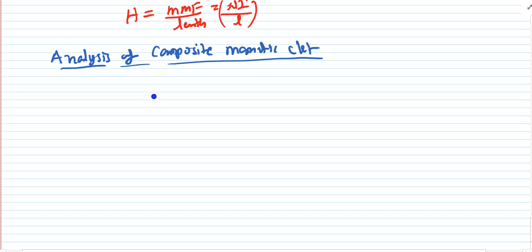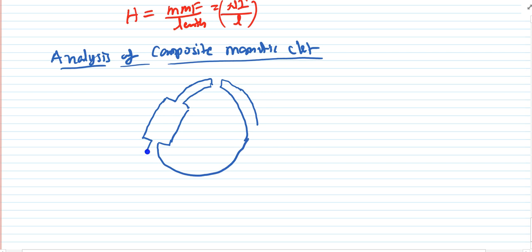Then you can see here, I'm trying to draw this. This core has been made up of some material, and then this is some other material. Then again this is the core, coming like this, and my core has been made up of different composite materials.